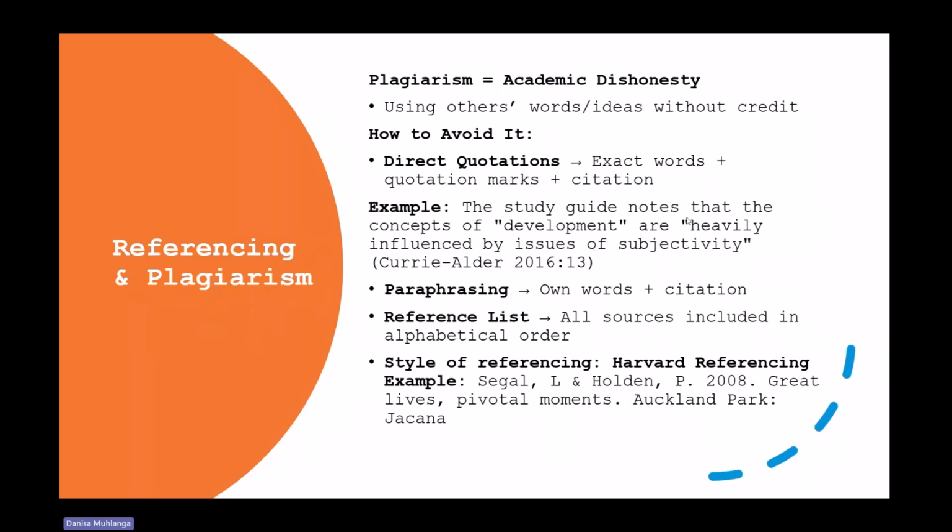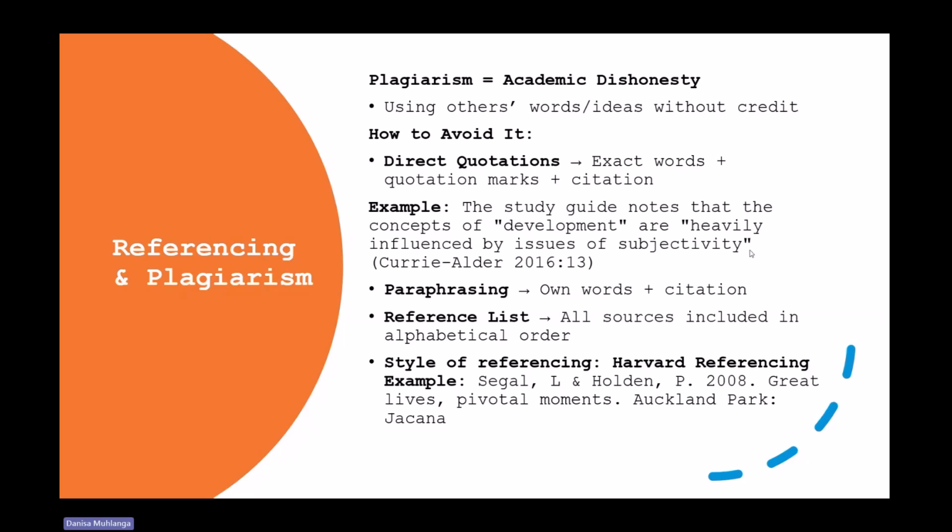So I have used these quotation marks because these are not my own words. I have just copied or used the exact words of whoever the scholar is, exactly as they are, and then I put them inside the quotation marks. But I don't just put them inside the quotation marks.